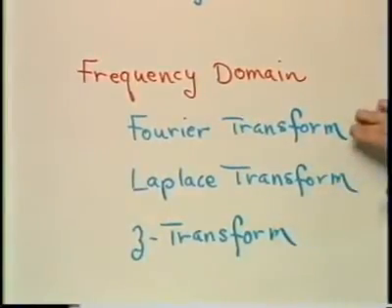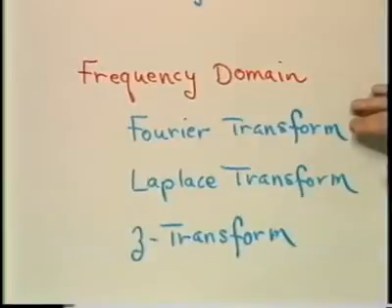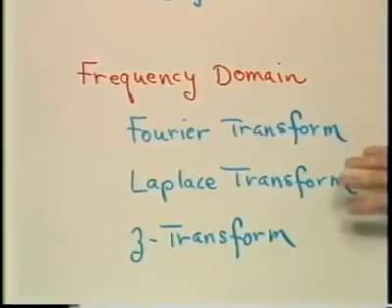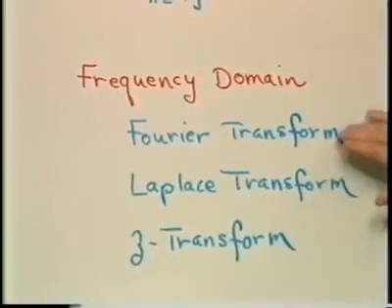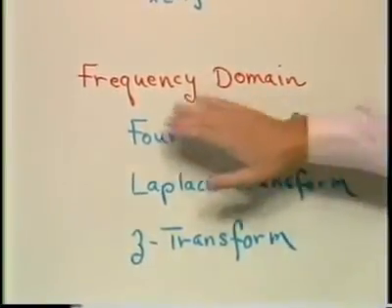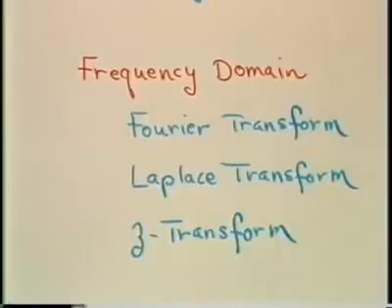The Fourier transform discussion we'll get into fairly early in the course, and the Laplace transform and Z transform represent extensions of the Fourier transform, and we'll be getting into that later in the course.